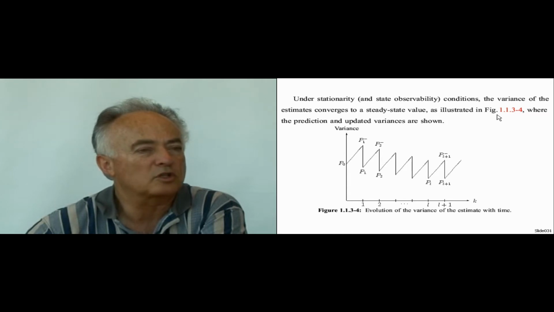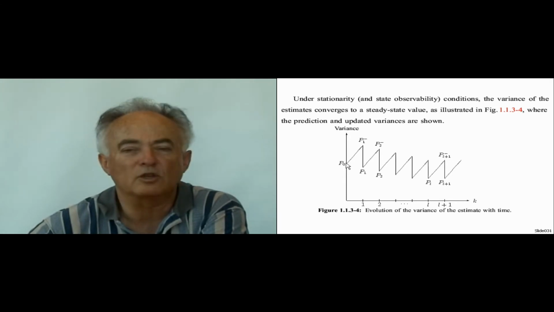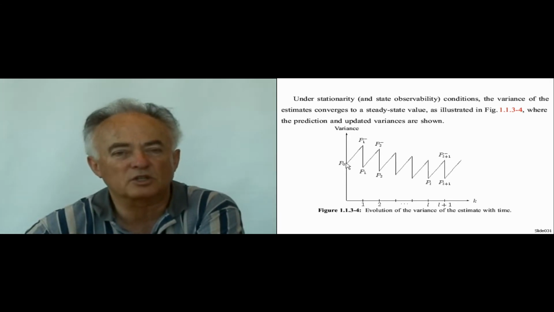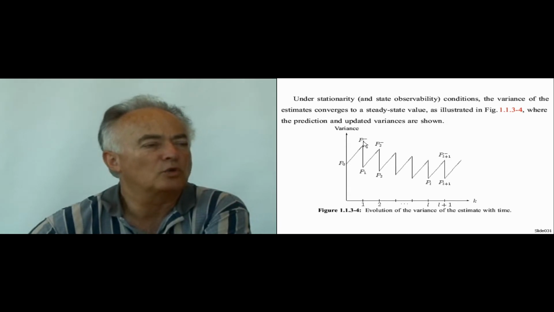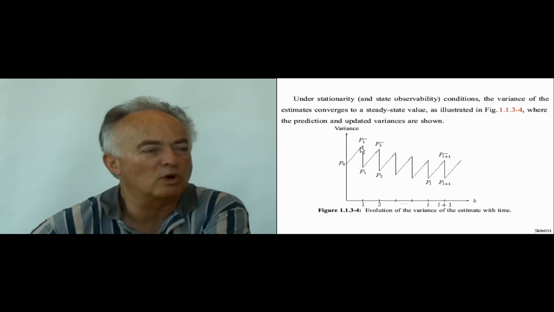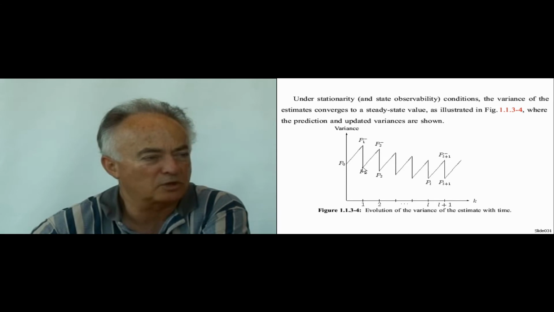as shown in this figure, where the prediction and updated variances are shown. Start with the initial variance, P0. Now it's illustrated in a scalar manner. You can consider it might be the trace of the covariance matrix. It gets larger, increased to P1 minus. That's a prediction from 0 to 1. It is updated with the measurement at 1. Then it becomes smaller.